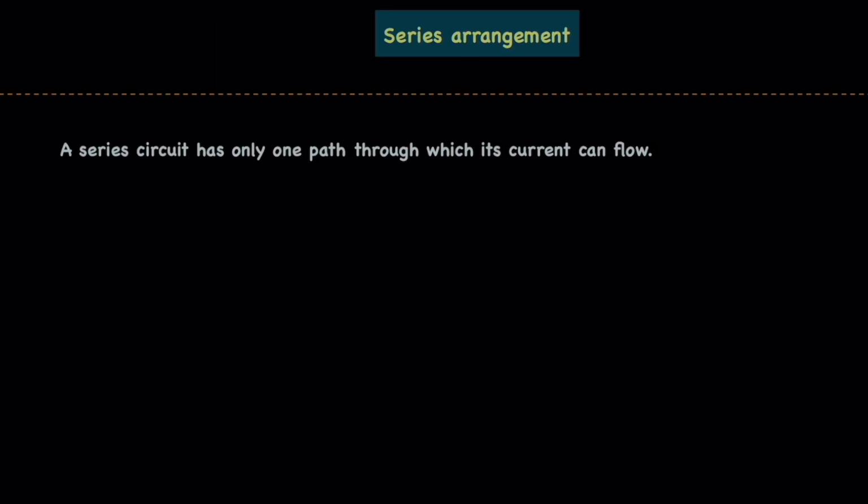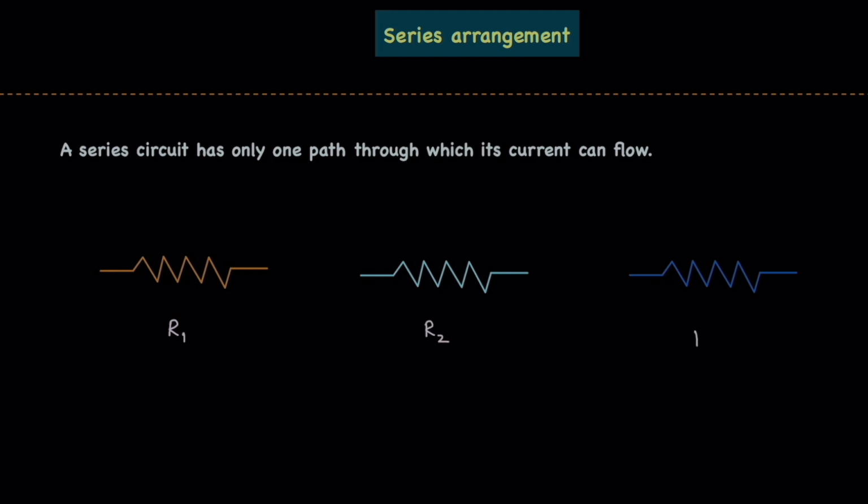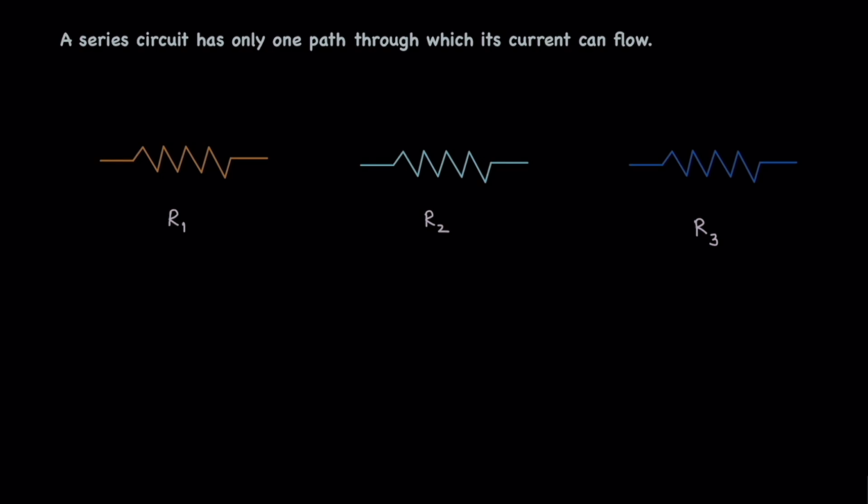In series arrangement, the circuit has only one path through which the current can flow. Suppose we have three resistors. Here we can represent them as R1, R2 and R3. If we connect these three resistors in a series circuit, the circuit will be formed.